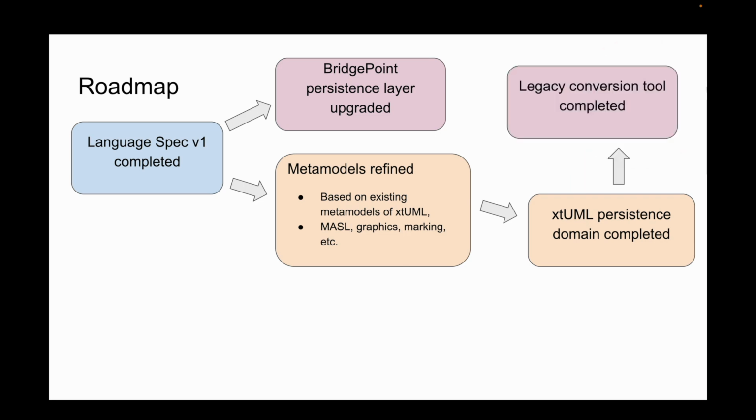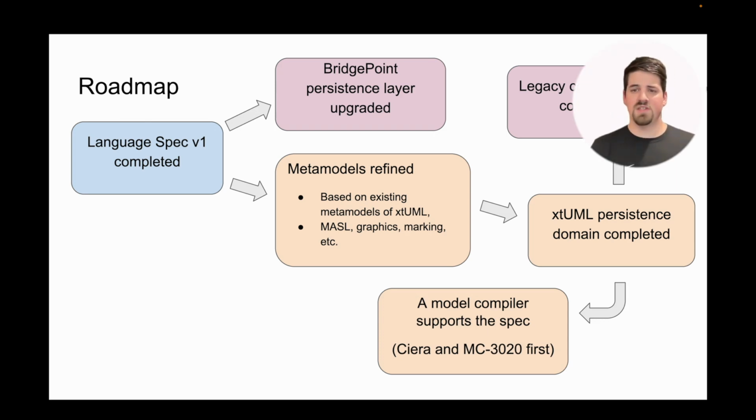We would need a legacy conversion tool that could go between the instance-based persistence format and the text-based persistence format, both for supporting older model compilers, as well as being able to load the newer models into the newer tools.